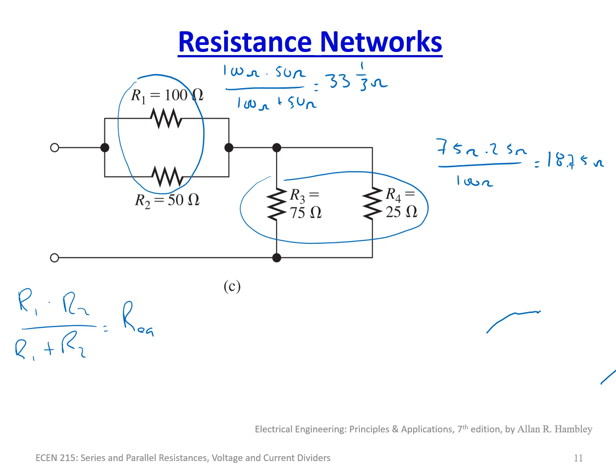And then we just combine those together, because now that's two in series, and the equation for series is R1 plus R2 is equal to R series, which means we end up with 33 1/3 ohms plus 18.75 ohms, which is equal to... Well, I must have hit a button wrong there.